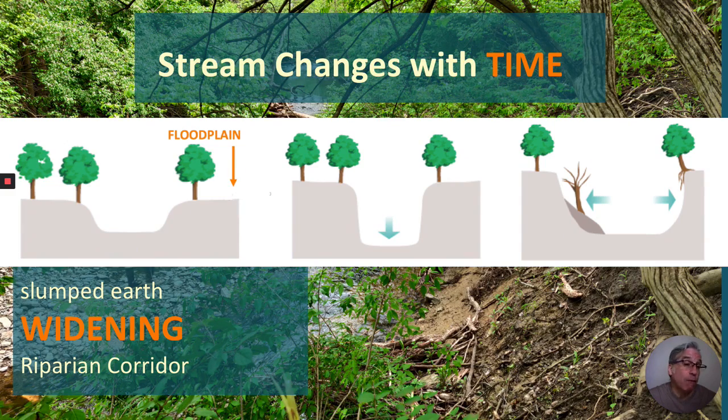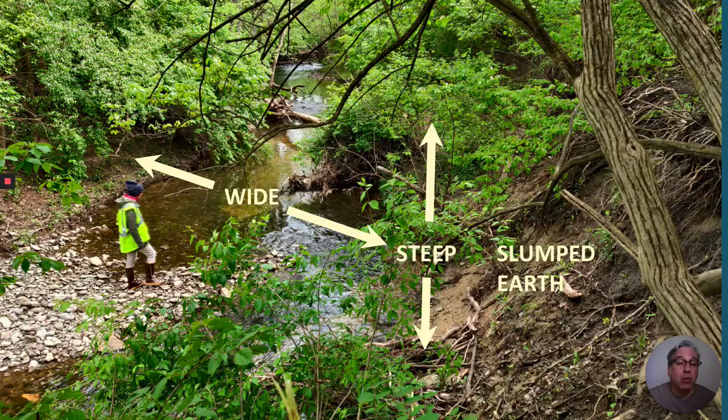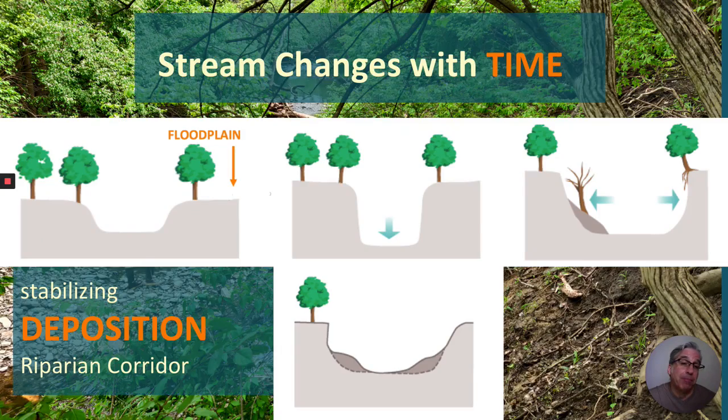Let's quickly review the previous photo. We see all of those features of an evolving stream channel. We see widening, we see incision, and we see slumping earth.